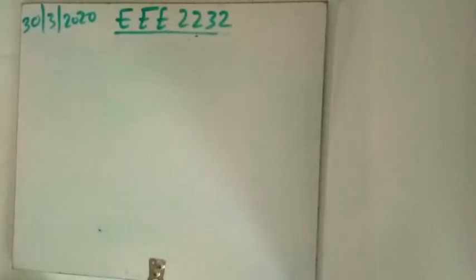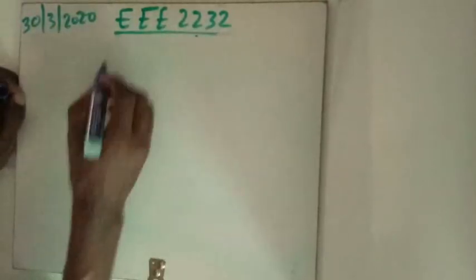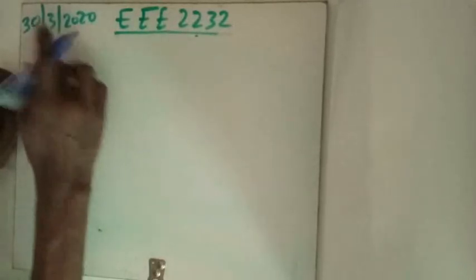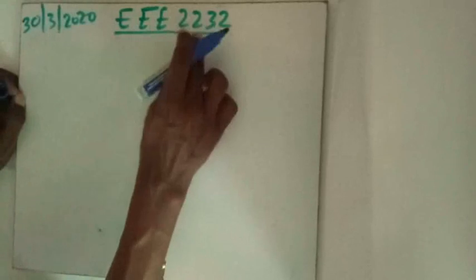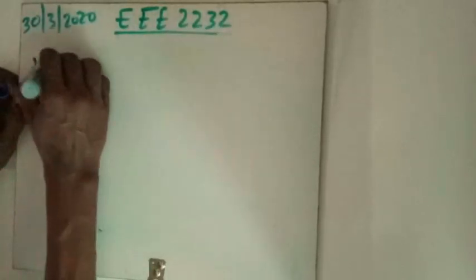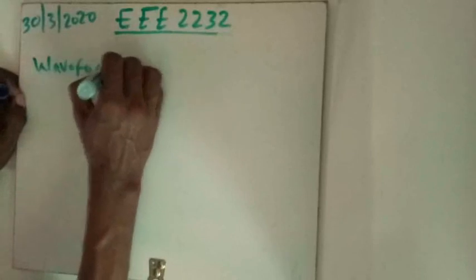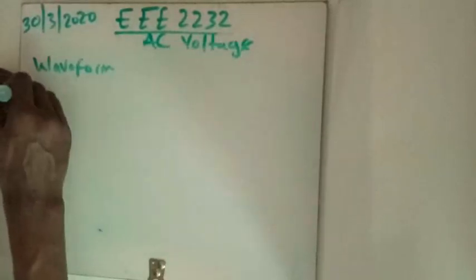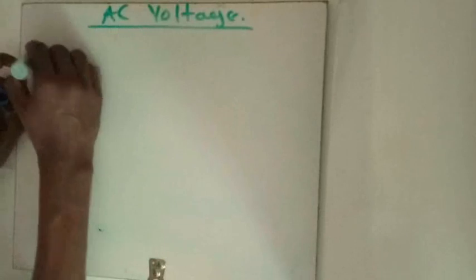So let's start from AC voltage. If I want to draw the AC voltage source, it is usually drawn like so. What makes it alternating voltage is the waveform. Let's start with the waveform.